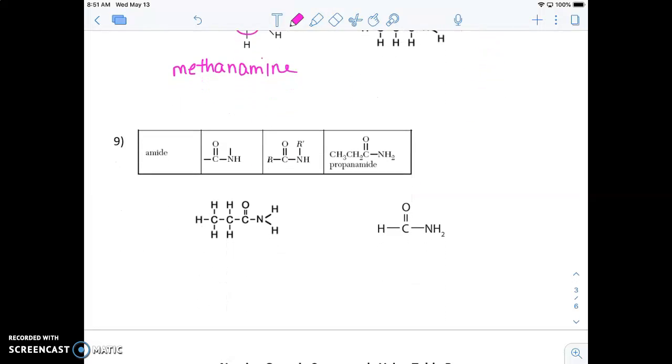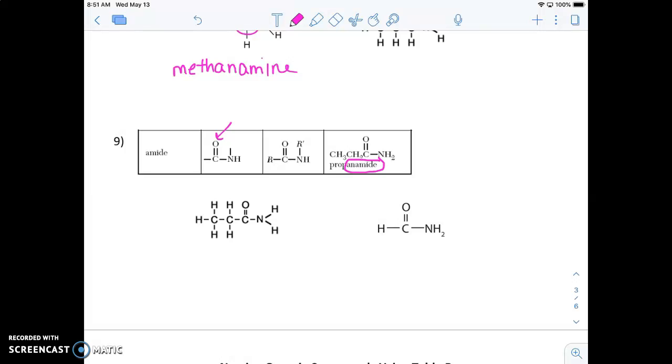And our last type of compound on table R is called an amide. So it looks similar to an amine because it has nitrogen in it, but it also has a little double bonded oxygen there too. So that's how you tell the difference between the last two. So amides have to end in anamide. So there's only a 1-letter difference.